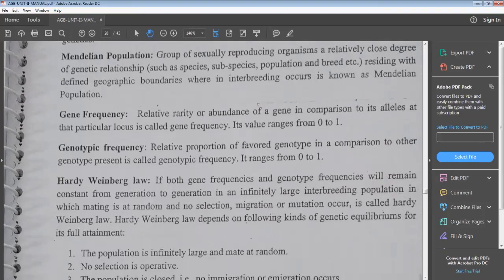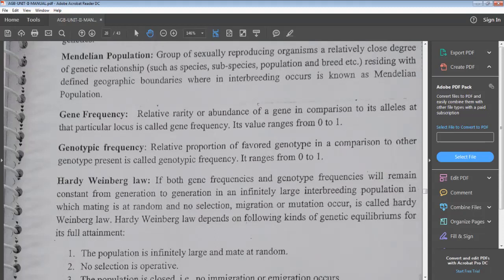Gene frequency. Now we have two major terms: one is gene frequency, the other is genotypic frequency. Gene frequency means the frequency of a gene. In the last practical we studied the ROSCOM, PCOM, and all.